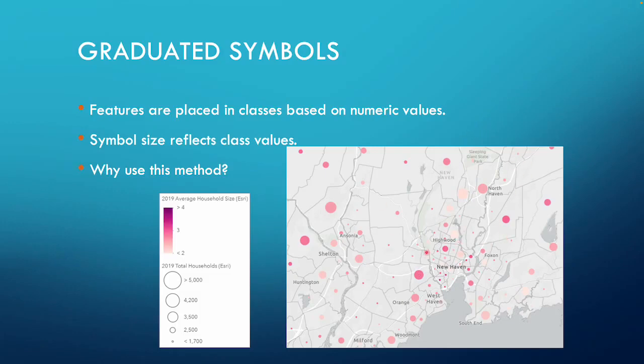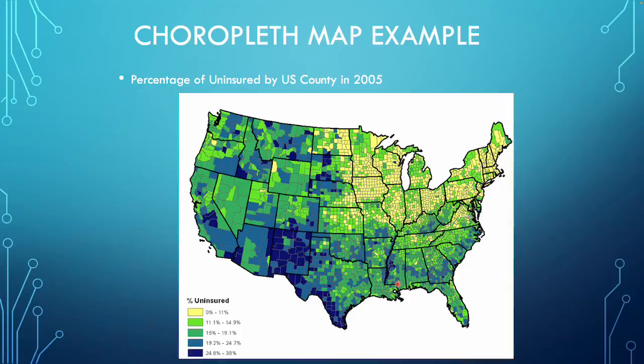You can see where there are larger households and also more households. Out here we get pretty small average household numbers. The smaller the dot, the harder it's going to be to differentiate these colors, and these colors are potentially a little too close together. We'll talk about that in just a minute.